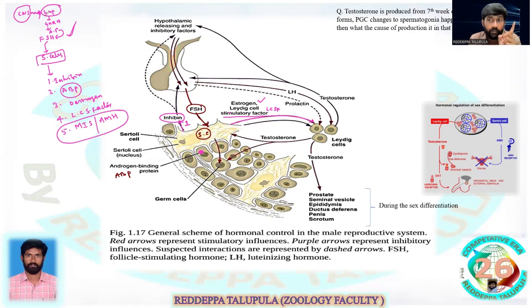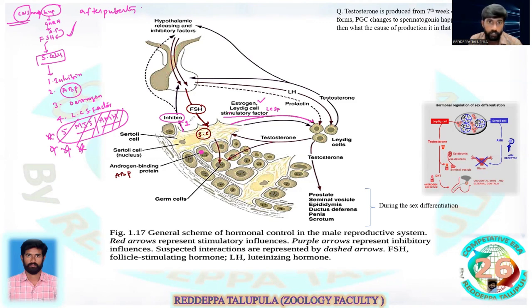It is not giving a signal to the hypothalamus before puberty. That means MIS, secreted by the Sertoli cells, is not the product of a signal obtained after puberty. Okay, it is the main thing. Keep it in mind.